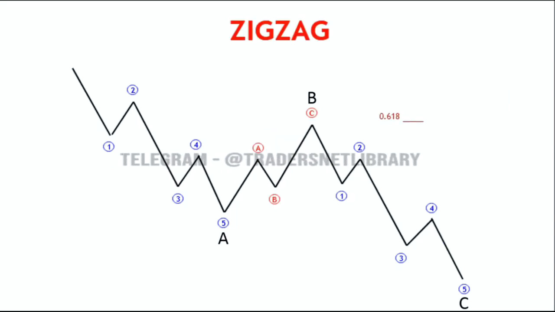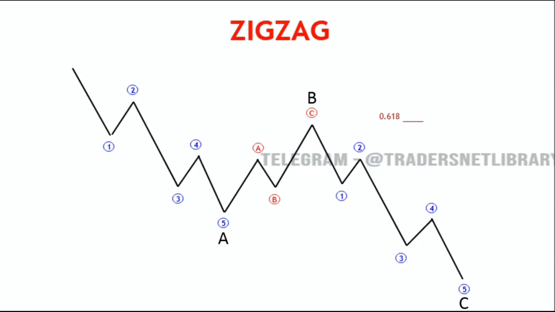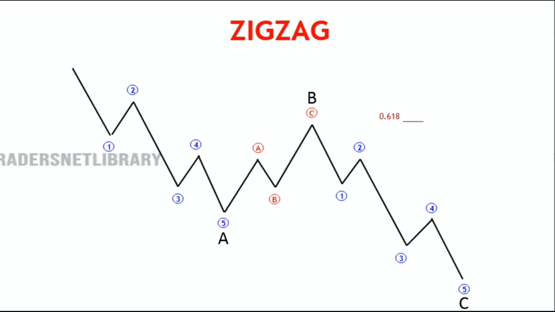Zigzag pattern. The zigzag pattern is one of the types of correction waves. The frequency of formation of this pattern in the chart is higher than some other types of correction waves.